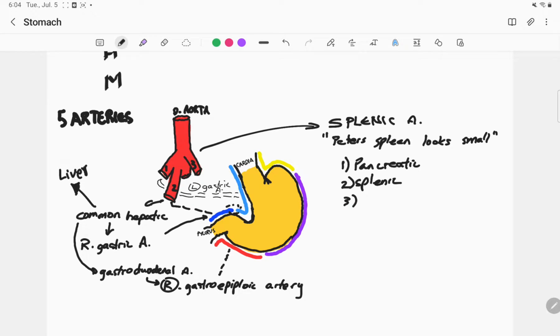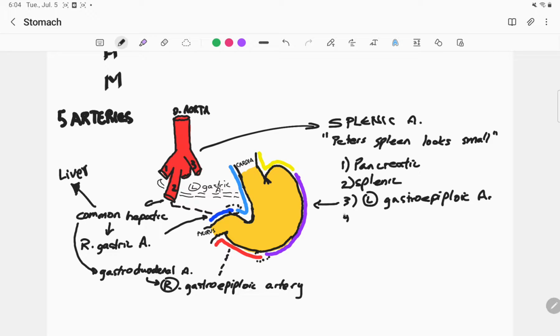Number 3, and this is where we're getting into what we want, is the left gastroepiploic artery. The left gastroepiploic artery is this purple one here that's going to have anastomosis with the right gastroepiploic artery.